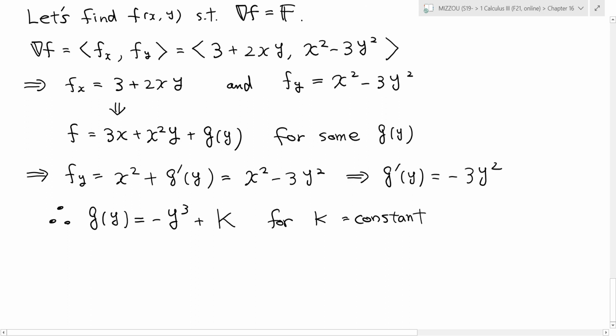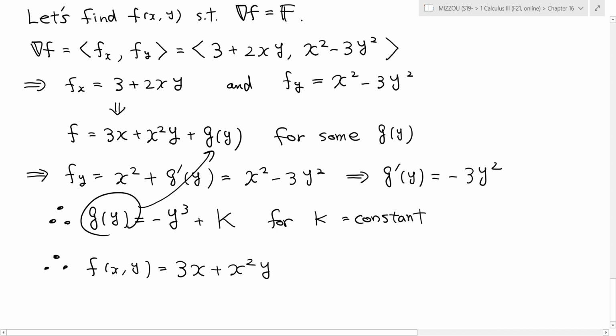Okay, so therefore, the final answer is you just plug this in. F, or f of x, y to be precise, is equal to 3x plus x squared y minus y cubed plus k. Okay, so that's the final answer.